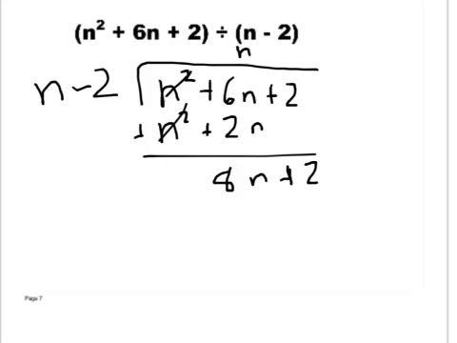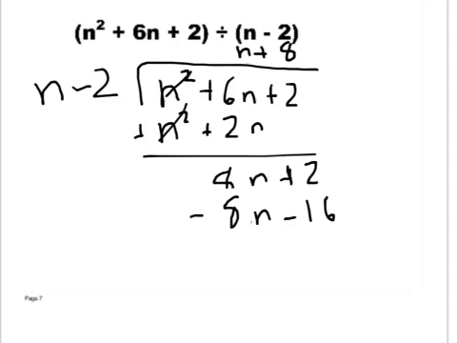What do we need times n minus 2 by? Positive or negative 8? Positive 8, right? If you made it negative 8, you'd have that, and we don't want that. We just want positive 8. So n plus 8. What is 8 times n minus 2? 8n minus 16.